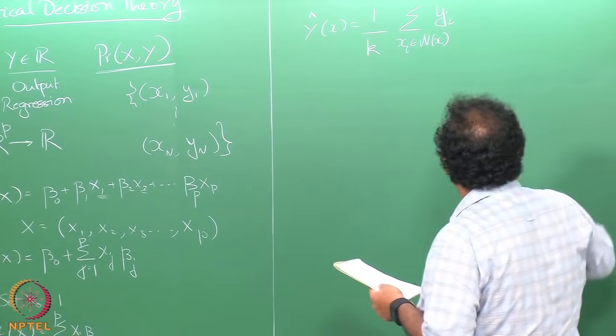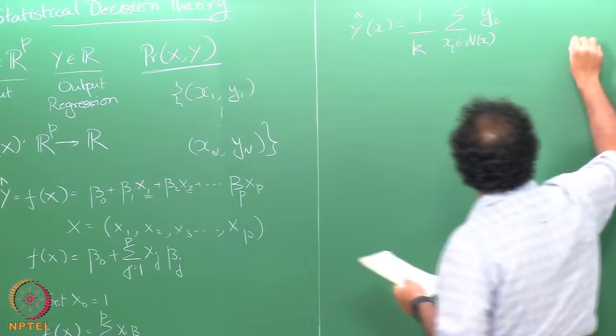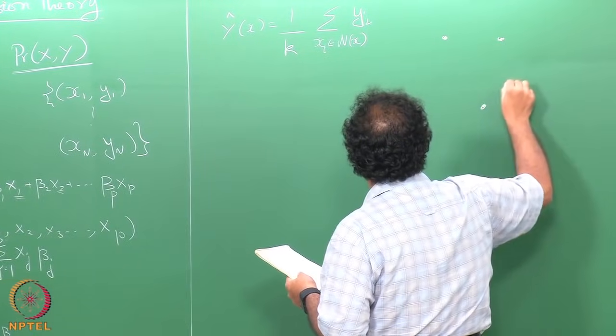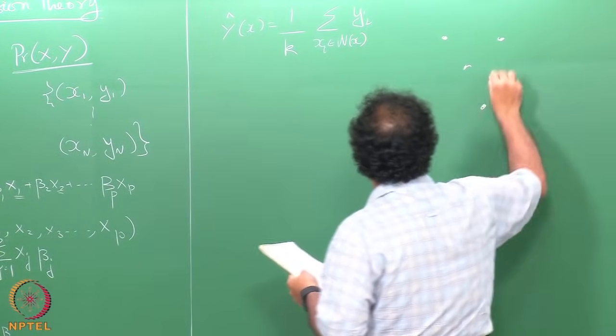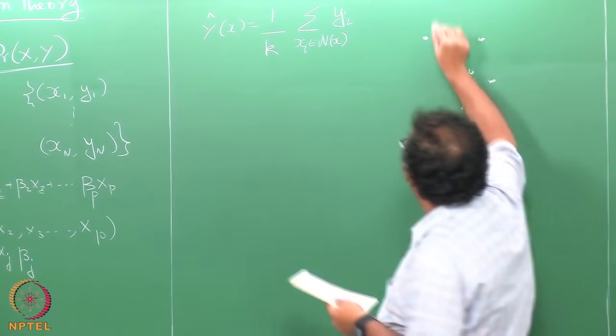xi. So, let us assume that my training data looks something like this. There is an x here, an x here, an x here, an x here, and an x here and an x here. And let us say that my k is 3.